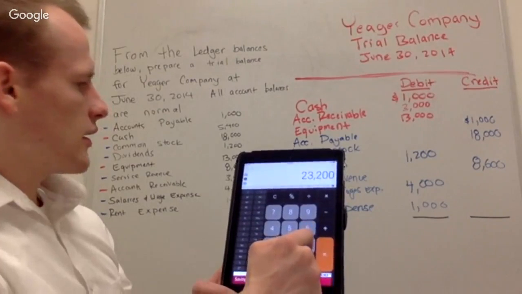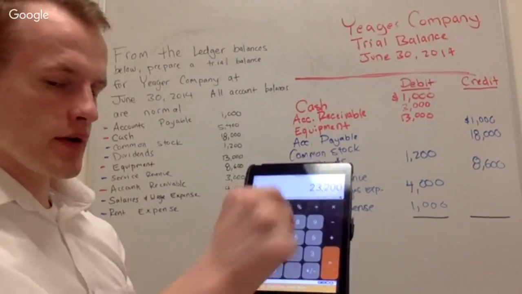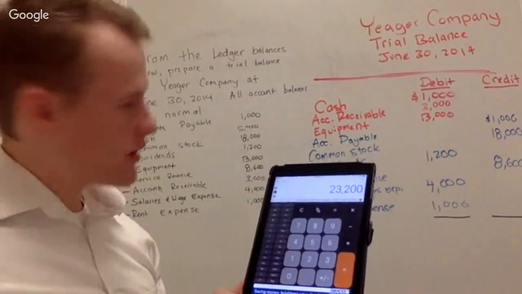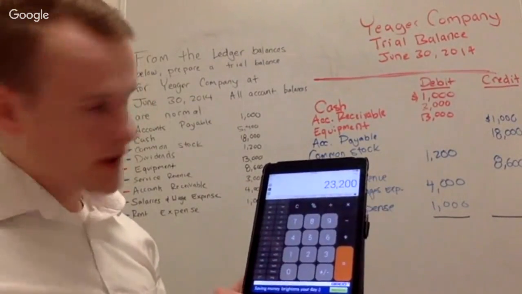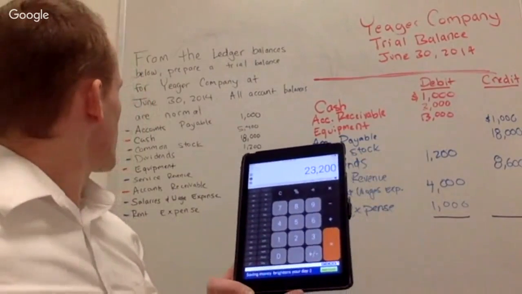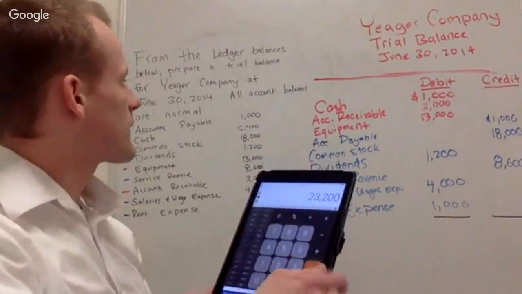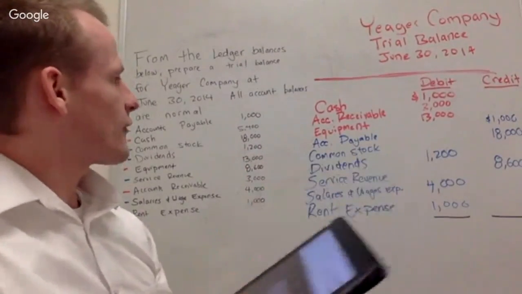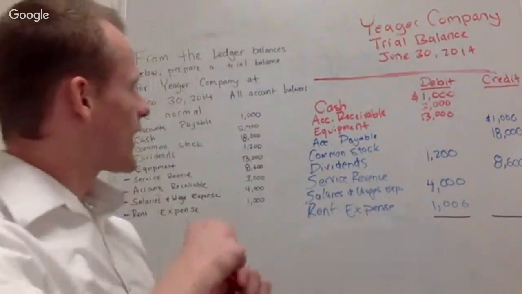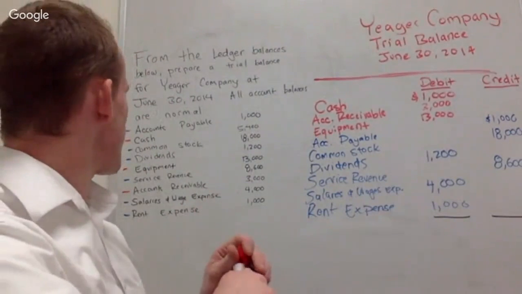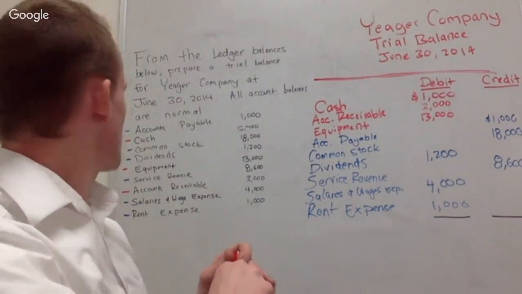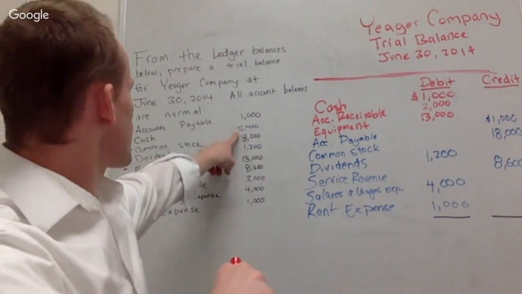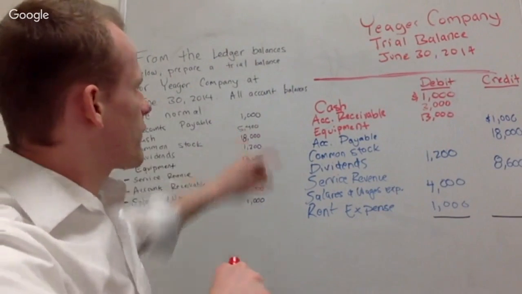And let's see, did I do my math right there? Oh, you know what? Okay, wow. I just noticed that I actually listed our cash as 1,000 when it should have been 5,400.